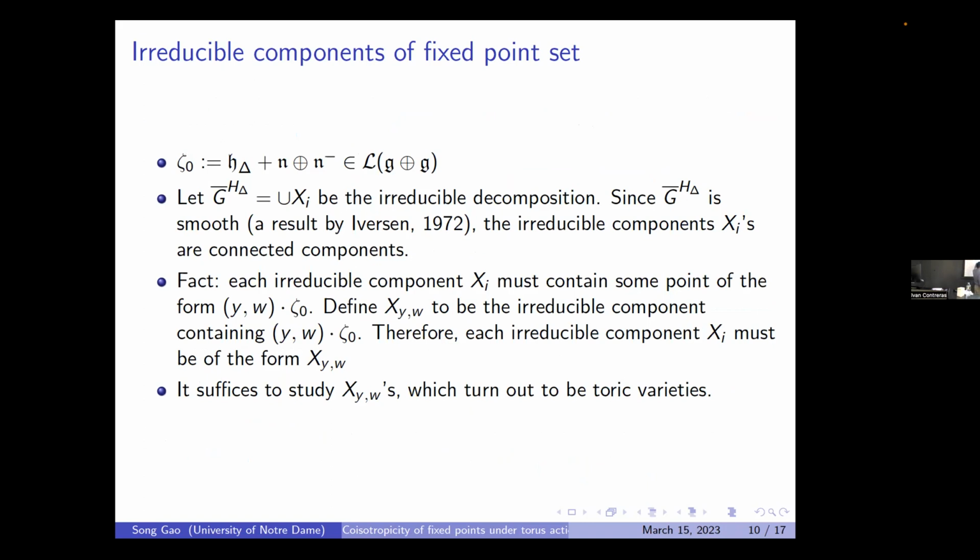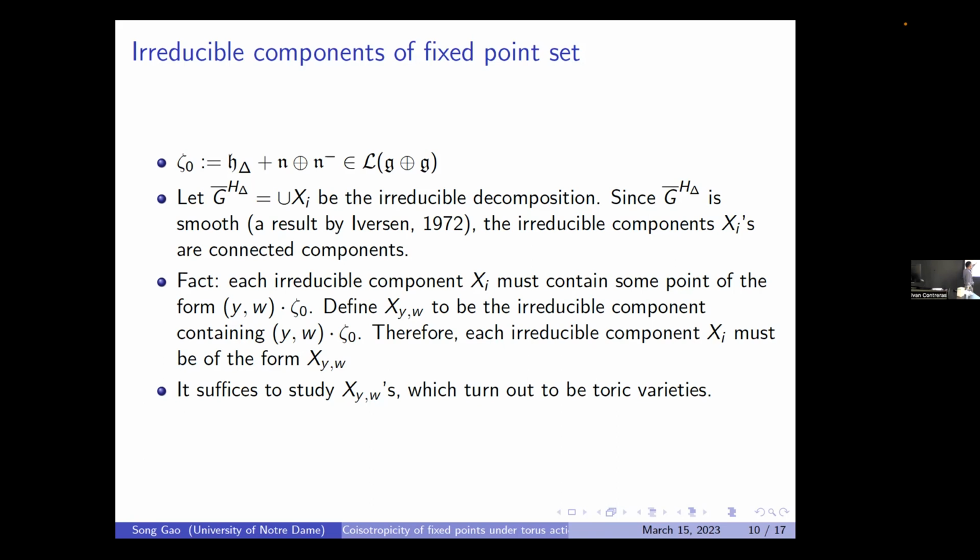Since this variety is smooth, due to a result by Iversen, the irreducible components of this fixed point set are connected components, and hence this is a disjoint union.